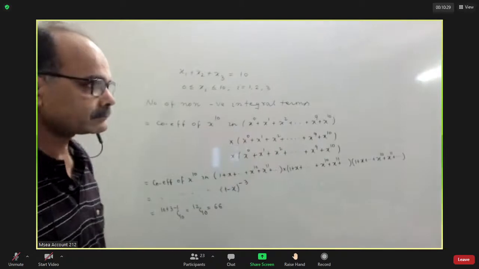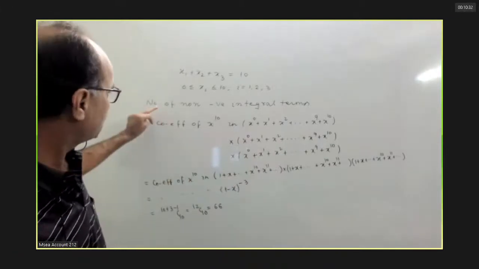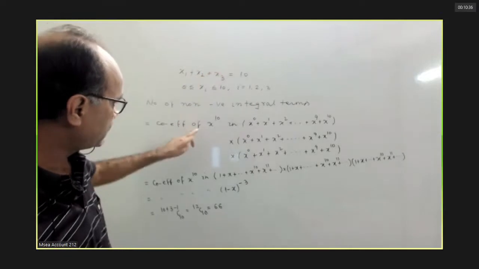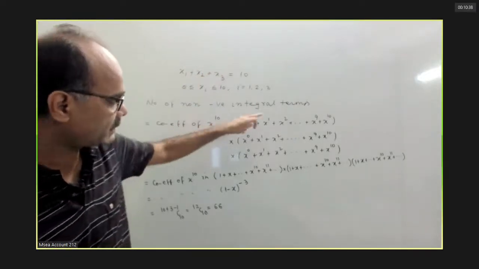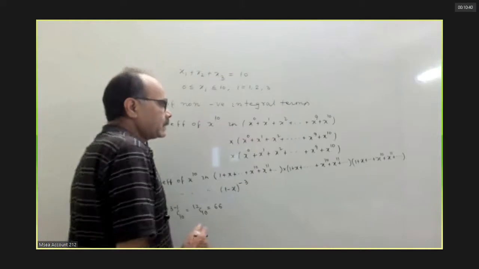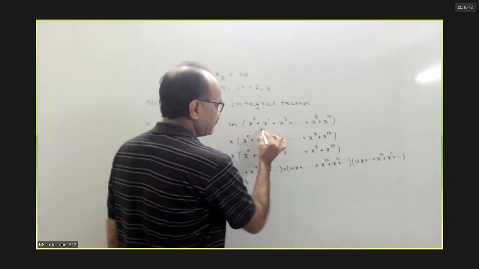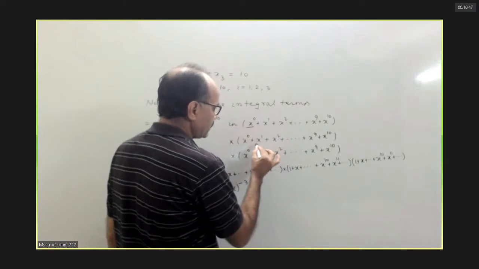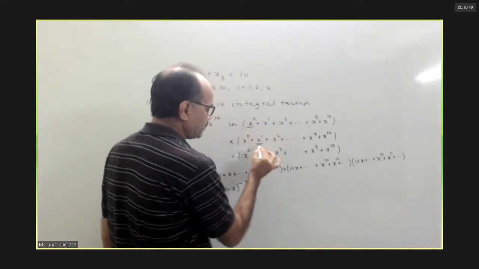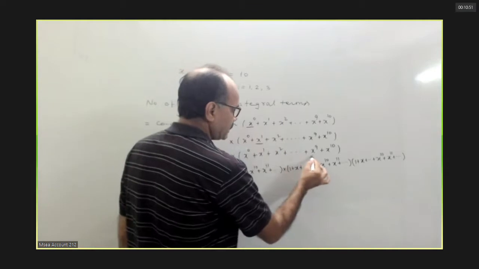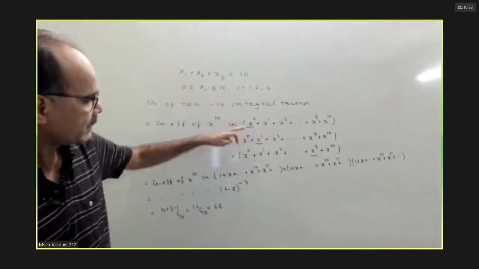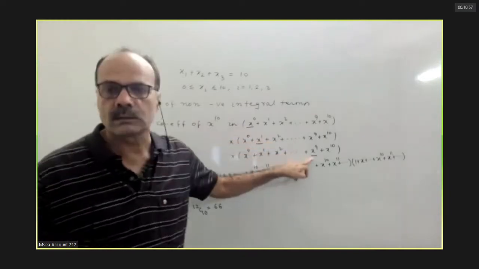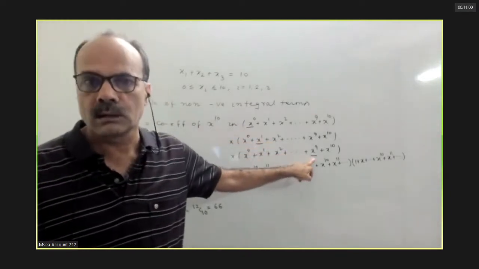Now, the reason why the number of solutions of this mathematical model will be the same as the coefficient of x to the power 10 here: for example, you multiply x to the power 0 in the first series, x to the power 1 in the second series, and x to the power 9 in the third series. You will get x to the power 10.